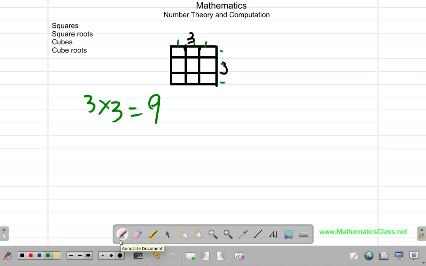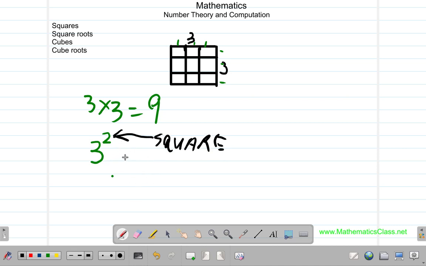Now, when you say 3 multiplied by 3, you can write it like this: 3, with a little 2 as a superscript. It means you have two 3s and they multiply one another. So you call this 3 squared.